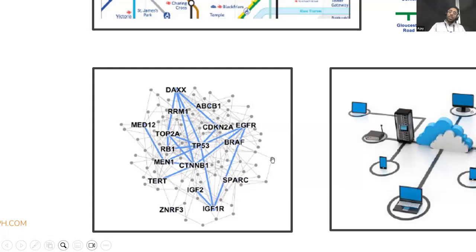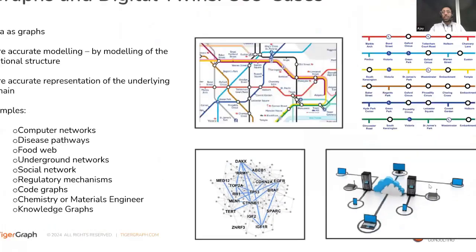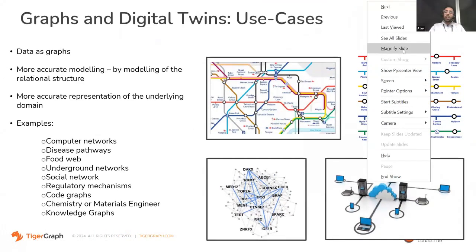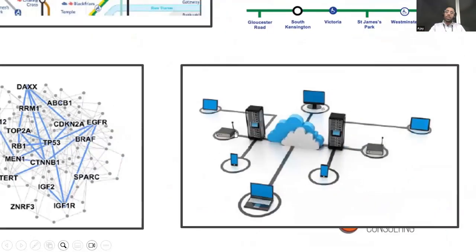A very magnificent use case, which is being used a lot in the field of biomedicine by biomedical engineers, to model this interaction between the proteins and capture the disease pathways all over the world. Taking some lighter use cases, something like a computer network is again a graph that can be represented.